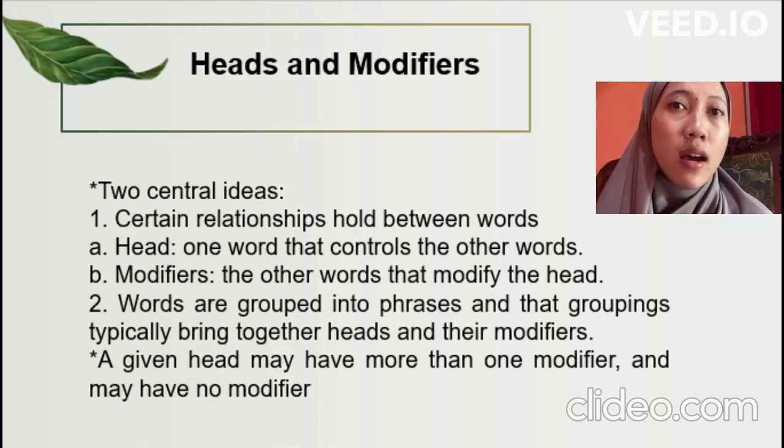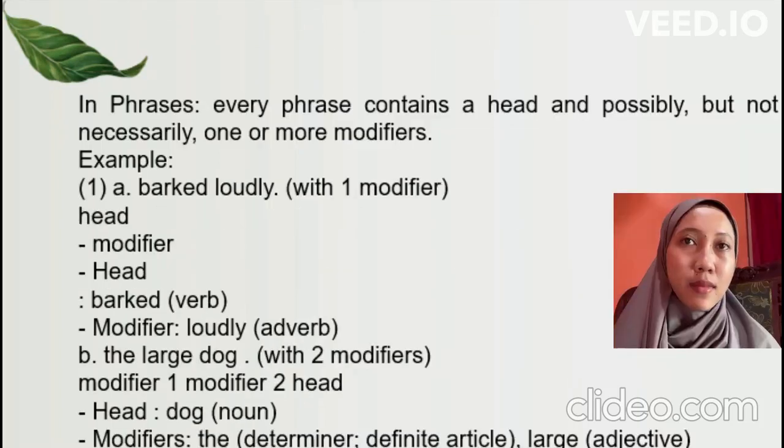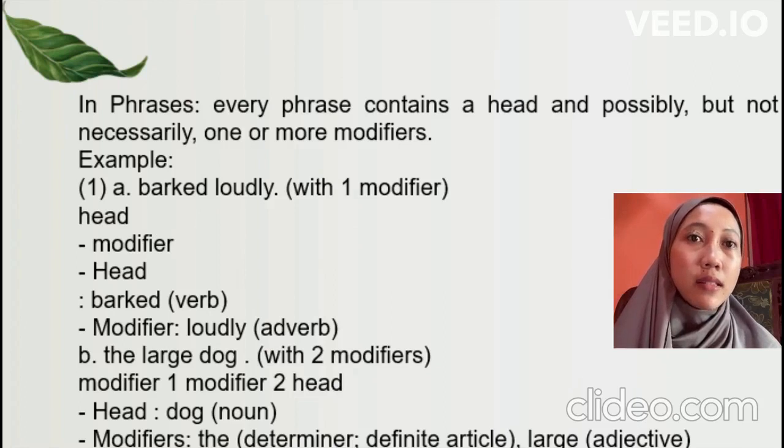Two, words are grouped into phrases, and those groupings typically bring together heads and their modifiers. A given head might have more than one modifier and might have no modifier. Every phrase contains a head and possibly, but not necessarily, one or more modifiers.